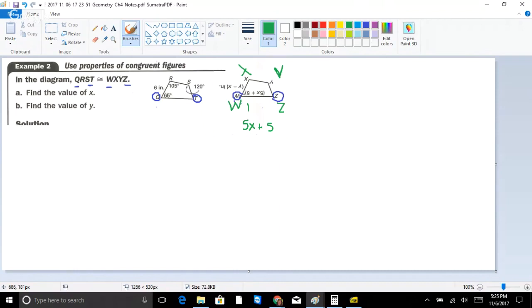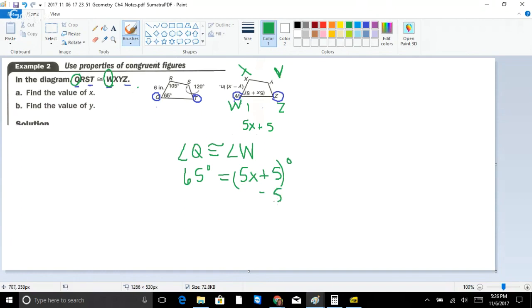Well, I know that my two quadrilaterals are congruent to each other, and that also means, and I already mentioned it, that angle Q is congruent to angle W. If angle Q is congruent to angle W, I know angle Q is 65 degrees, and I know that angle W, even though it's written upside down, is 5x plus 5 degrees. And if two angles are congruent, that means they're equal to each other. So I can just set my two angles equal to each other.